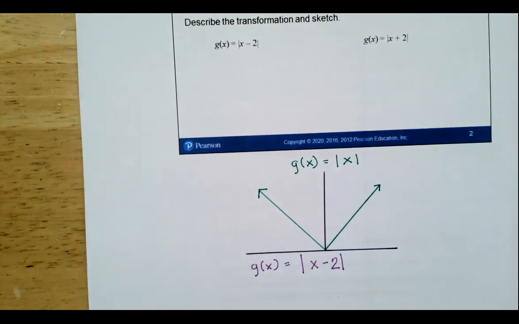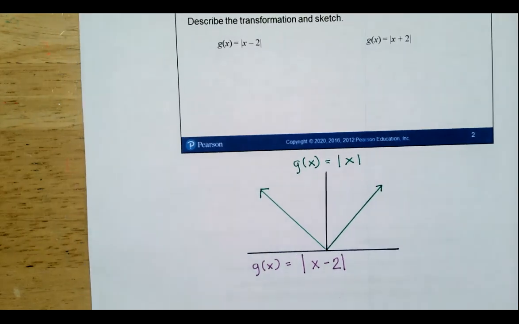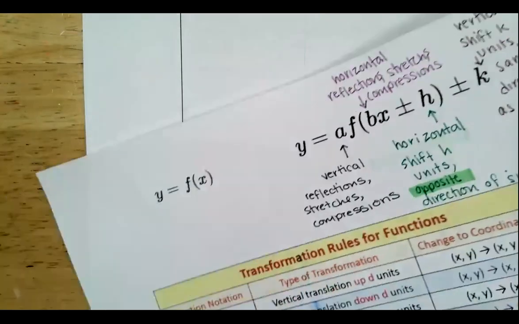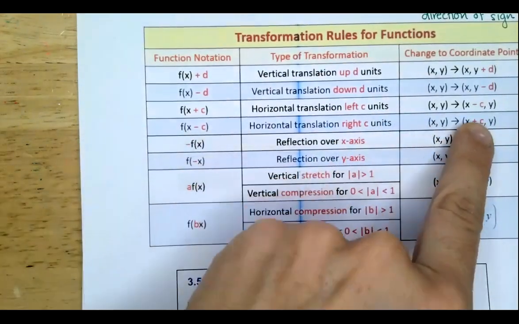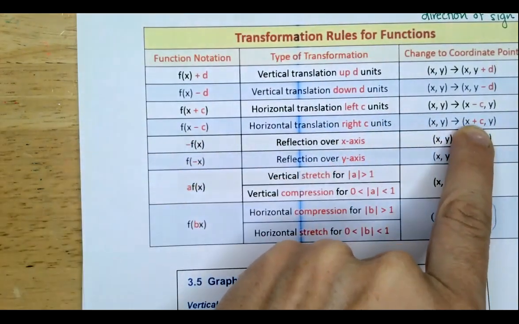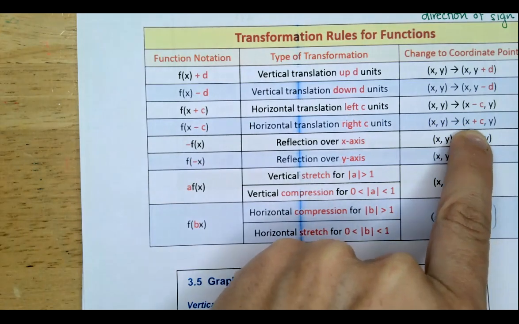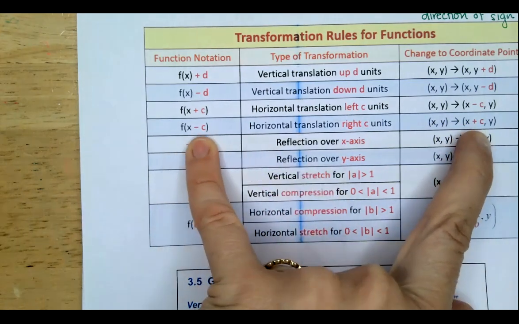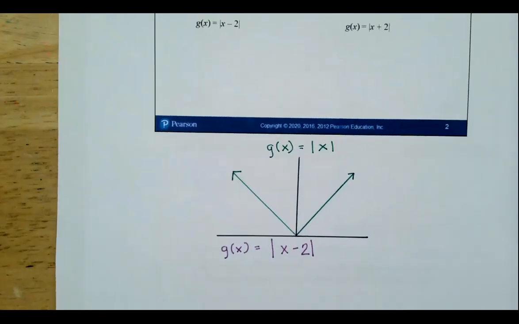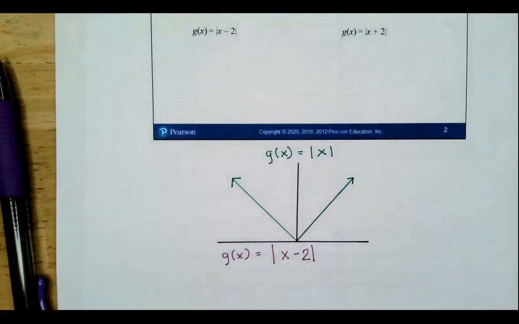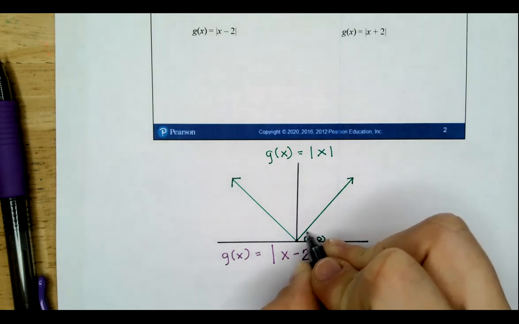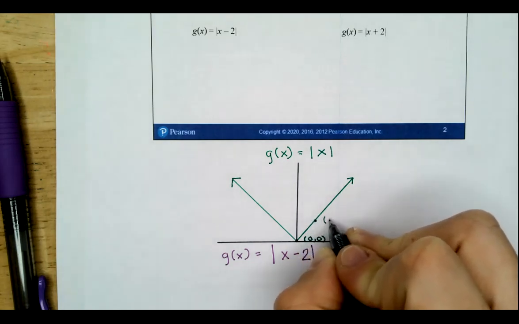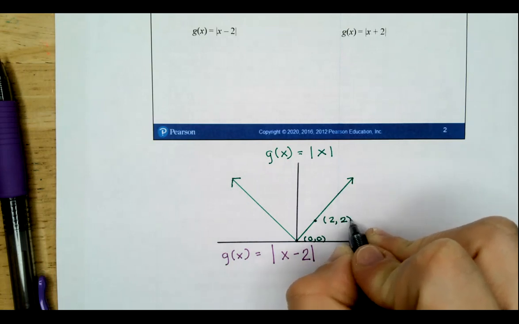Let's look at that little chart, okay? If we are subtracting the h inside the parentheses, if we are subtracting the c inside the parentheses, that means we add that many to our x value, all right? So let's find some x values and then add that number to them, okay? So here we have 0, 0. Maybe this is 2, 2.